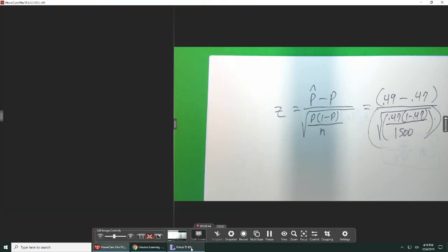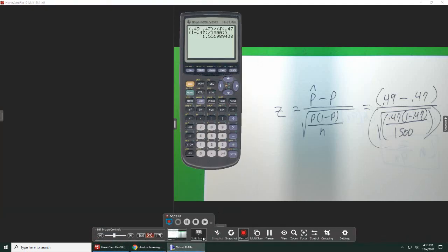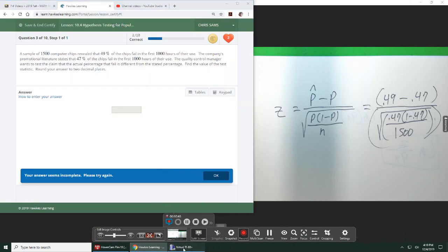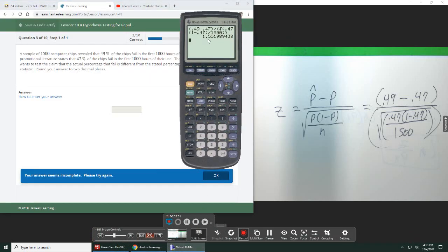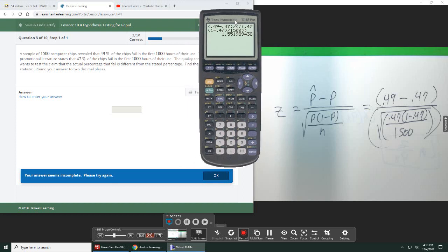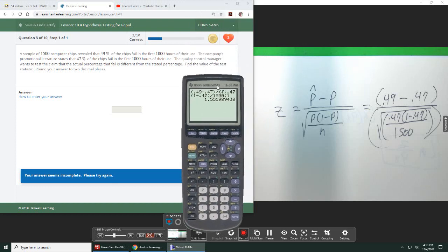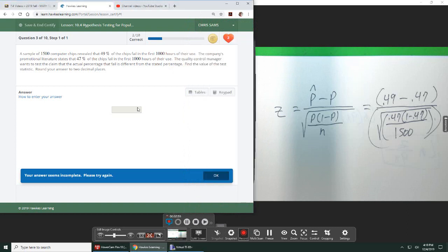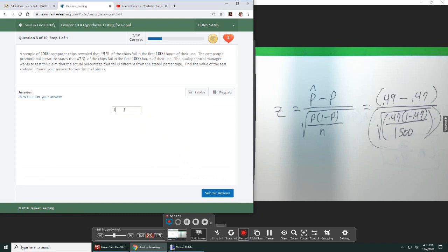So I click submit. Okay, so our value is 1.55, and that is the test statistic rounded to 2 decimal places. 1.55.